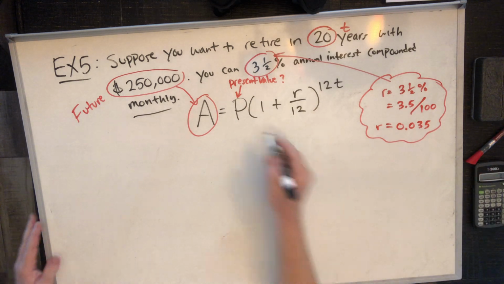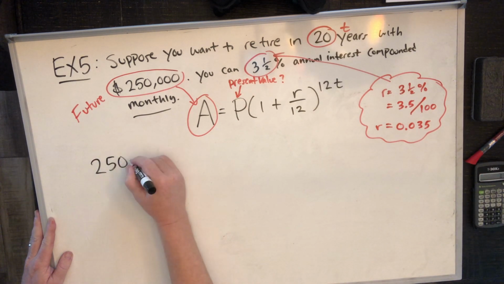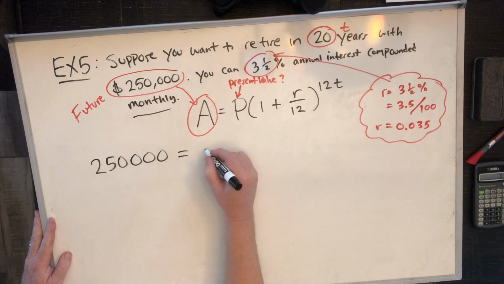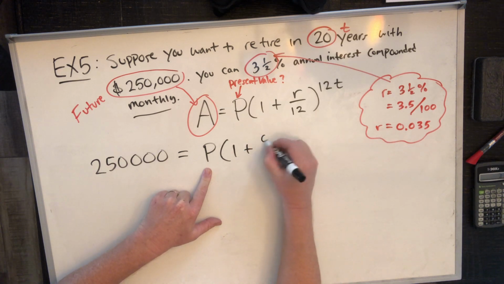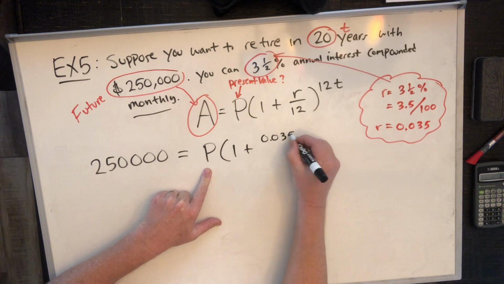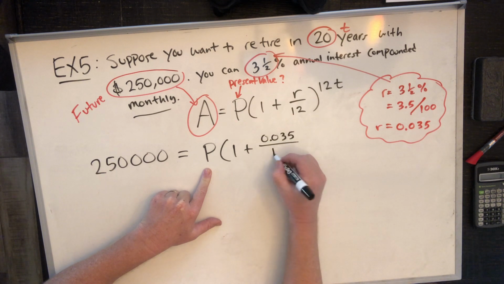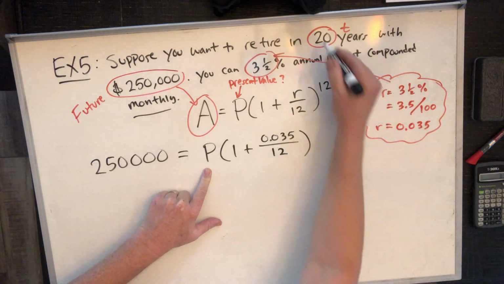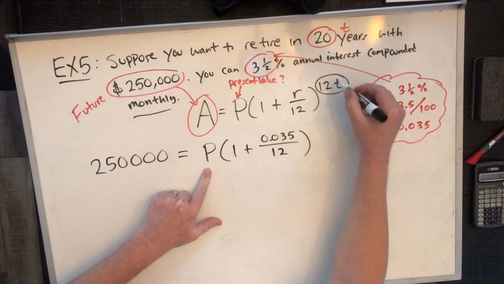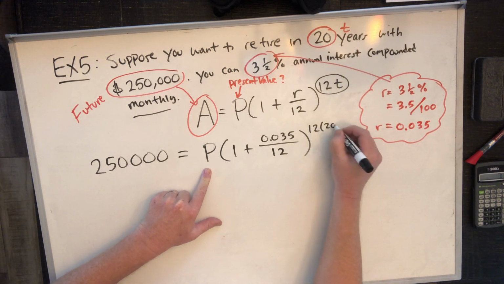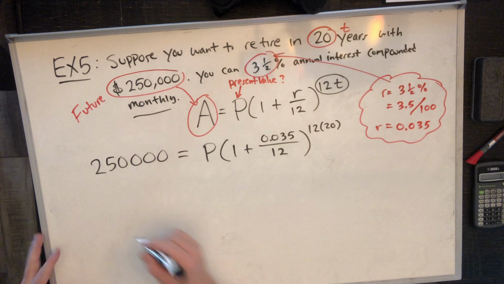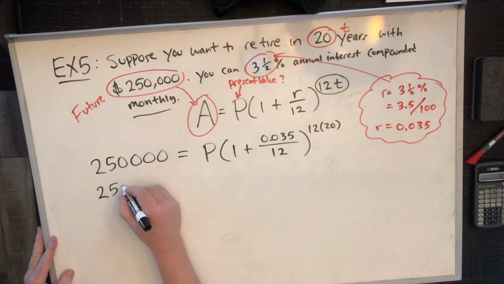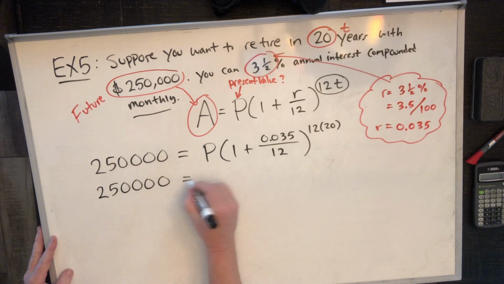All right, so we've got $250,000 equals present value, P, times 1 plus 0.035 divided by 12, raised to the 12 times 20 power, and we're going to solve this for P. Let's do a little simplifying before we break into the algebraic steps.